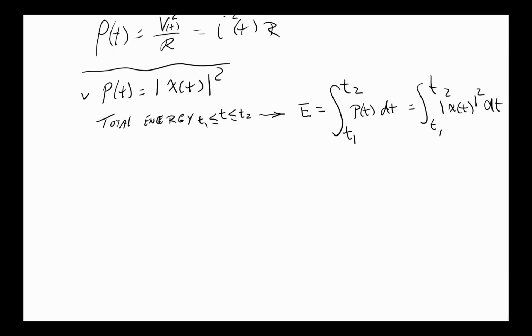Okay, so if we've got a continuous time signal, such as x of t, and we are asked to find the total energy for the interval t1 less than or equal to t less than or equal to t2, we already figured that out.